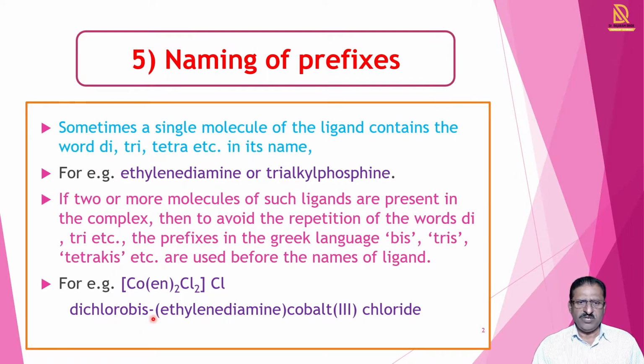After that we use a dash. Ethylenediamine is one ligand, so it is written in small brackets. After that the name of the metal is written, and its oxidation number is written in parentheses. All this is written as one word, following the rules we discussed in the last lecture. So again we repeat the name: dichlorobis(ethylenediamine)cobalt(III) chloride.